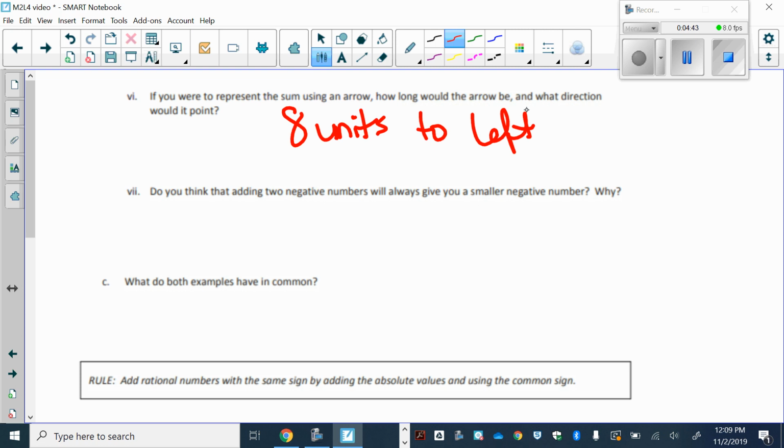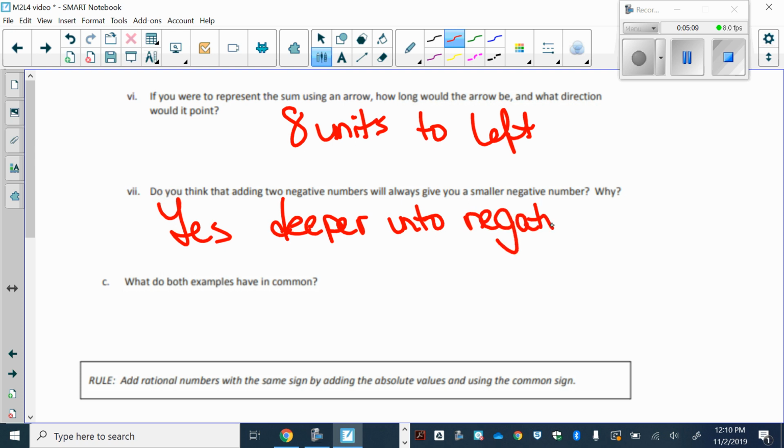Why? Remember, not smaller as in absolute value smaller, but the deeper you go into negatives, the smaller the value. So, yes, I do think negative plus a negative will always give me a smaller negative because I'm going deeper into the negatives. Think about that number line. You're continuing to move further to the left.